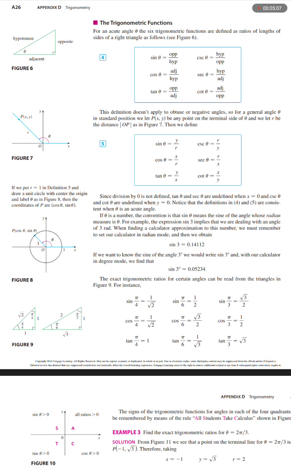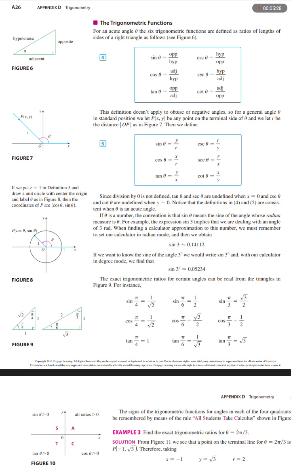When finding a calculator approximation to this number, we must remember to set our calculator in radian mode, and then we obtain sine of 3 is approximately equal to 0.14112.